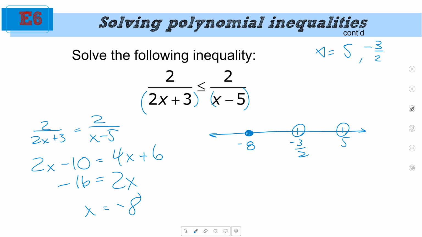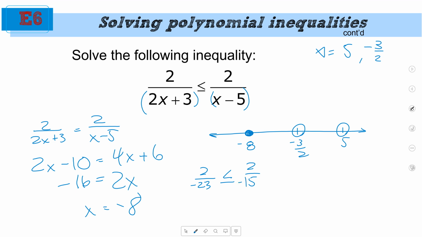So if I put in -10, I get 2 over -23, and I'm wondering if that's less than or equal to 2/5. Is that a true statement? Wait, I did my math wrong. -15.